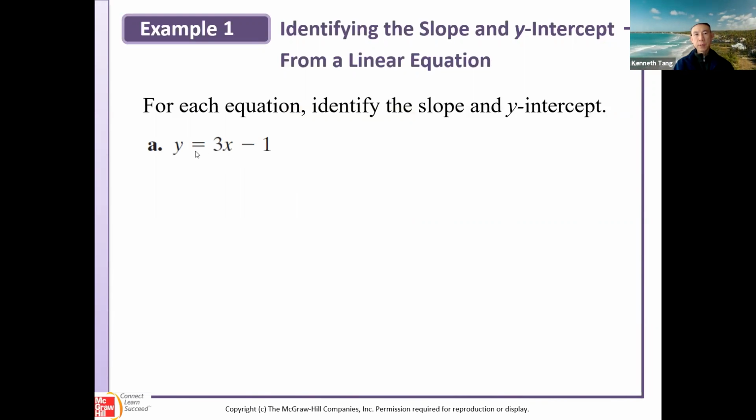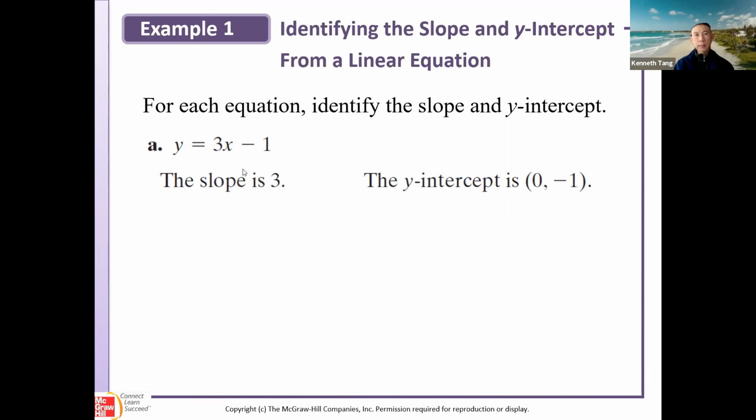If you are told to find the slope and y-intercept for this kind of slope-intercept formula, you know at the very beginning that y equals mx plus b. Let me draw a little picture here.